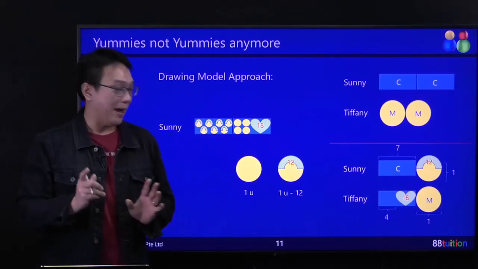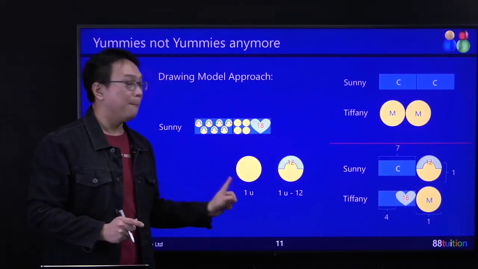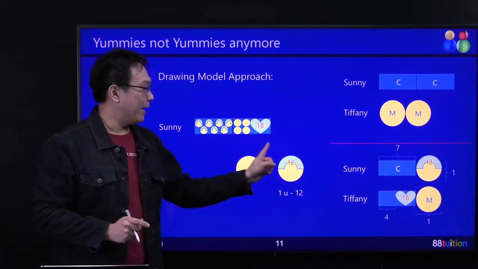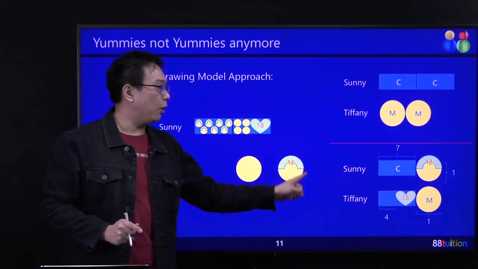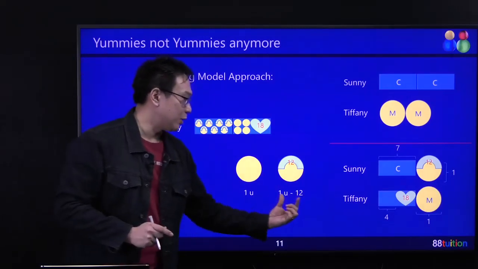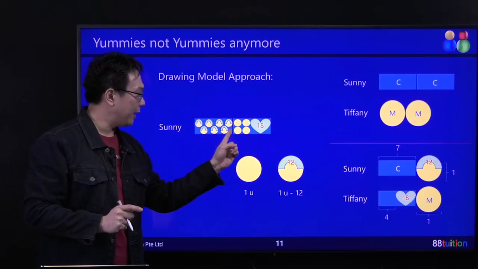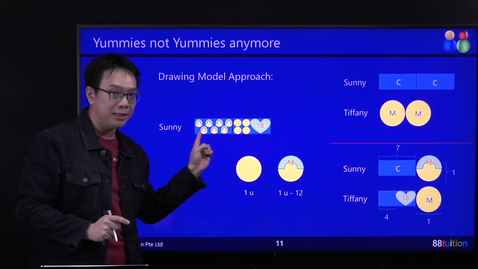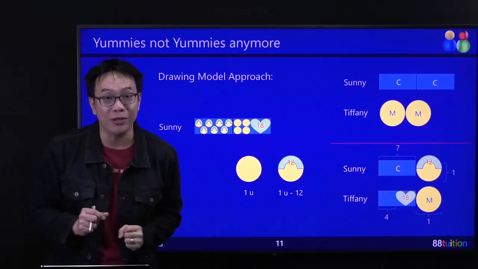Okay, and look at the linkage. Remember the linkage? 1 full muffin unit, and this is 1 Pokeball. This is called 1 unit. The Pokeball is minus away the 12 that's eaten by Sunny, so we write it as 1 unit minus 12. Do you see something? This portion here, how many Pokeballs do you see? 1, 2, 3, 4, 5, 6, 7. There's 7 Pokeballs, you know.